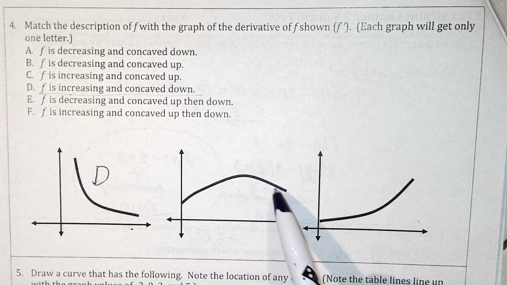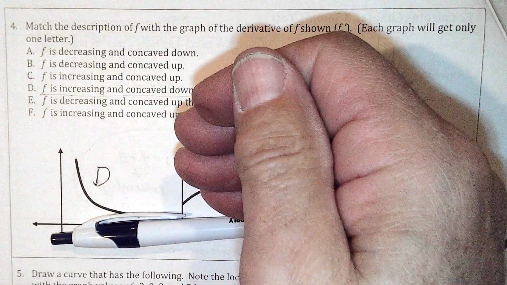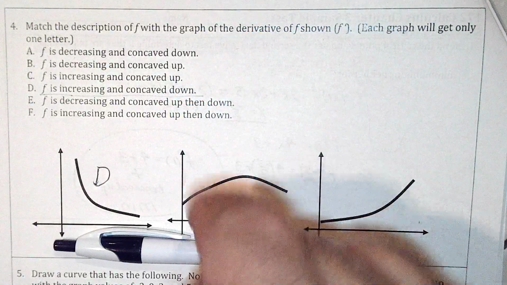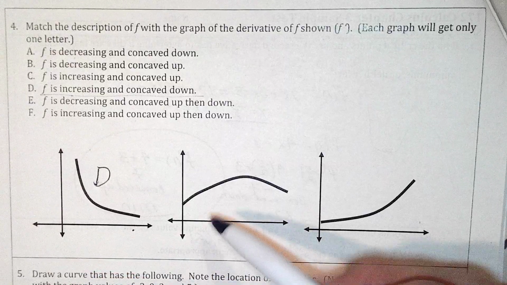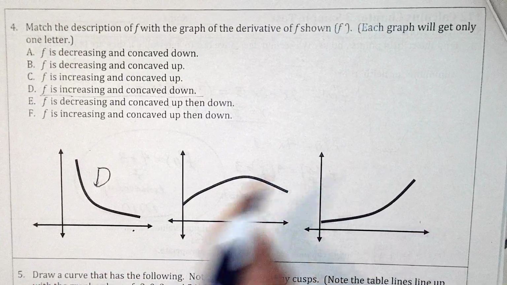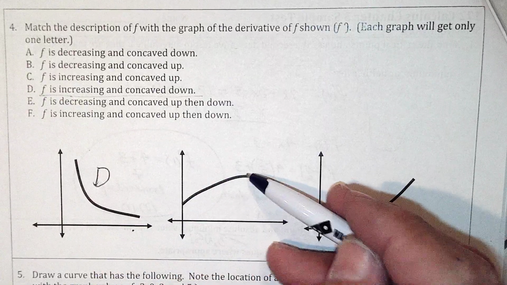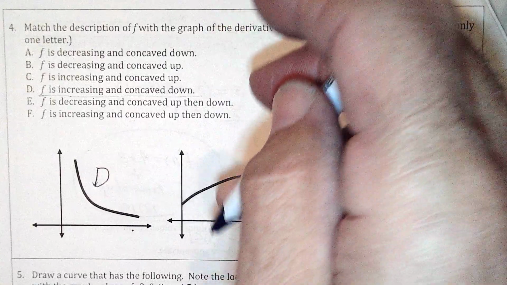Here, the value of the derivative is always positive. It's above the x-axis, so it's positive, so it's always increasing. It's increasing a little bit, gets a higher, steeper slope, and then it gets less.